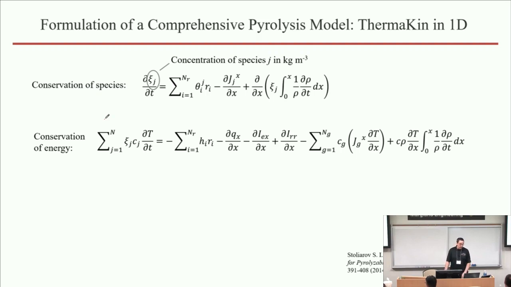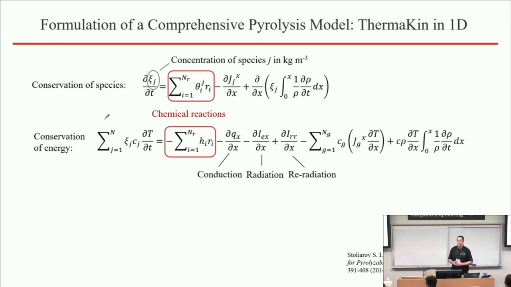Now, this conservation of species and conservation of energy is defined locally, with respect to evolution of the local temperature, just like it always is. The phenomena that contribute to both of them are chemical reactions, right? Chemical reactions both affect the conservation of species and also the heats produced or consumed inside the solid.